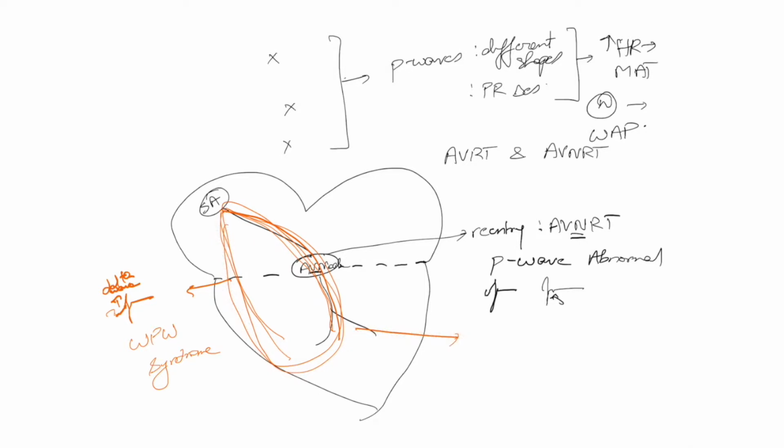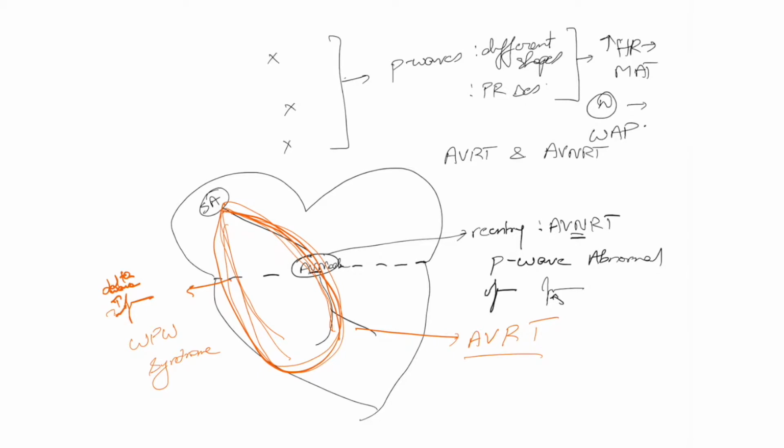you would have atrioventricular reentrant tachycardia, so AVRT. The impulse is essentially going in a circuit between the AV node and the reentrant pathway, causing the AVRT. Now, notice one thing here.